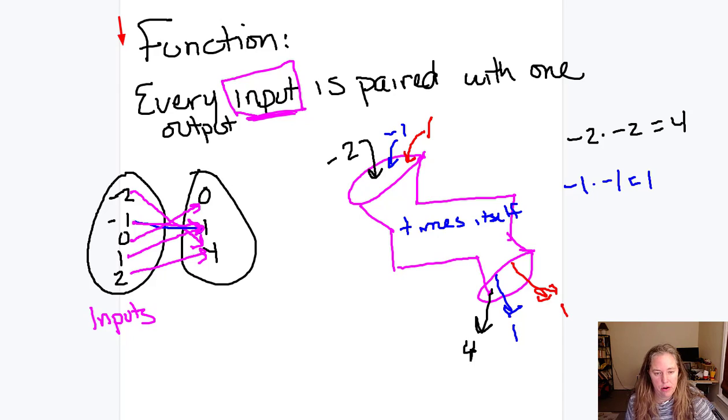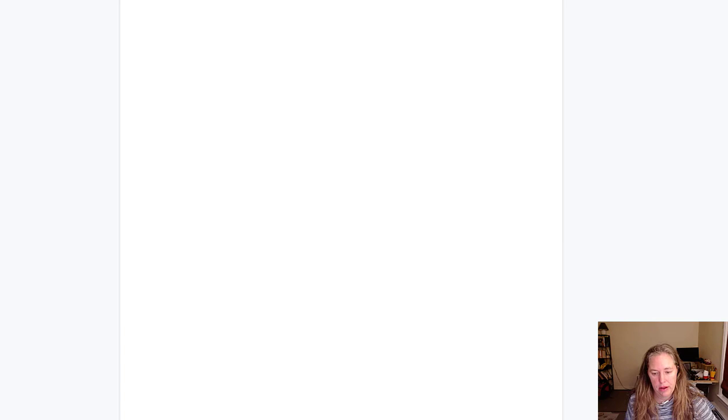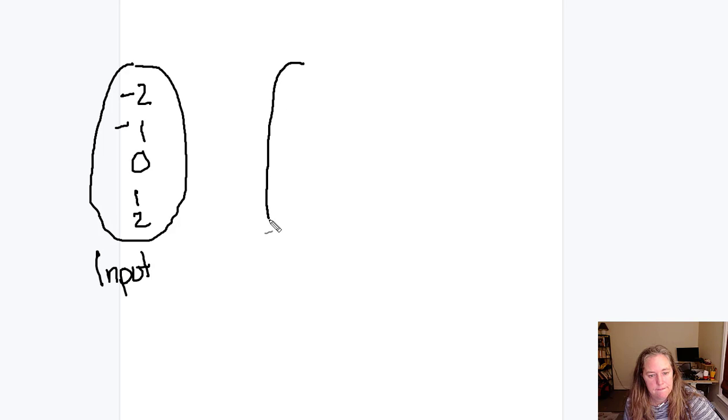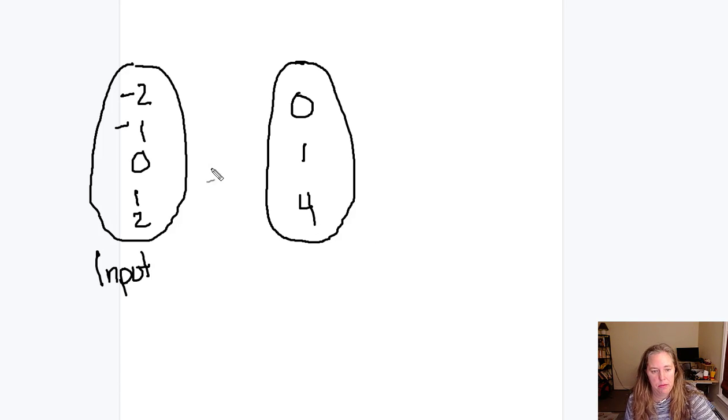Okay, so I'm just going to redraw this. Mine is so messy that I'm going to erase and redraw. I'm just going to make it bigger, so we're going to look at the same one. Negative 2, negative 1, 0, 1, 2. Here's our input, or our x. Here's our output. Negative 2 is the input. It is paired with 1 output.